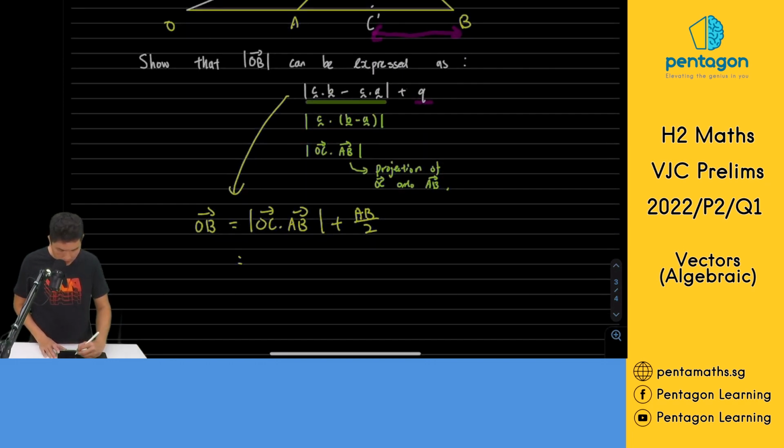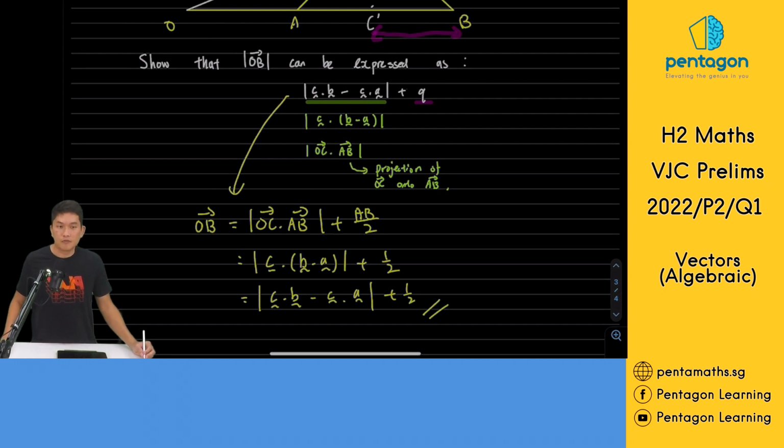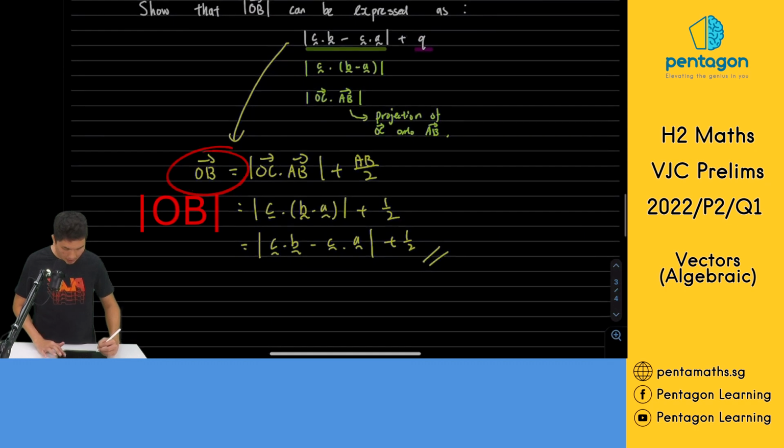And then OC dot AB, if you expand this out, will be C dot B minus C dot A. There we have shown the required answer for part 3, where Q equals a half. And that's it. That is question 1.